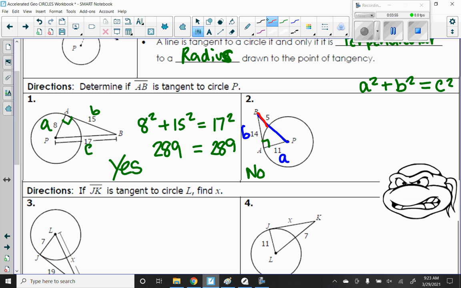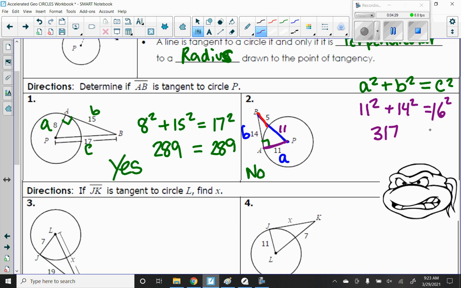And that portion is, because this radius is 11, this radius is also 11. So the hypotenuse is now 11 plus 5, and it's 16. So 11 squared is A, B is 14, and now C is 16 squared. 11 squared is 121, 14 squared is 196, add them together and get 317.